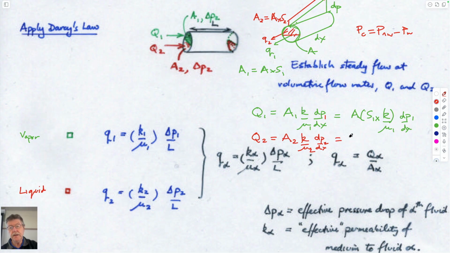Make the substitution here, total area multiplied by the saturation of fluid 2 times permeability divided by viscosity, dP/dx. And this is fluid 2.